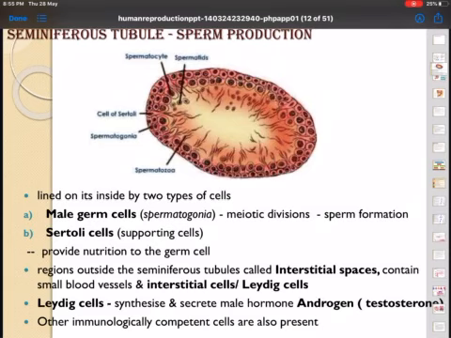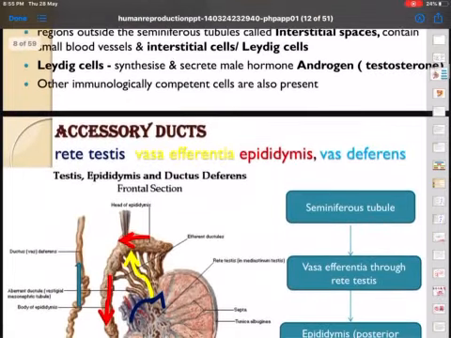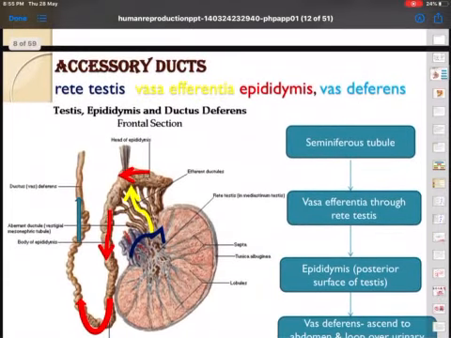And Leydig cells play a very crucial role, very important role, as they synthesize and secrete male hormone, namely testosterone. Testosterone plays a very crucial role in the formation of the spermatozoa. Other immunologically competent cells are also present, and look at the ducts that we see.